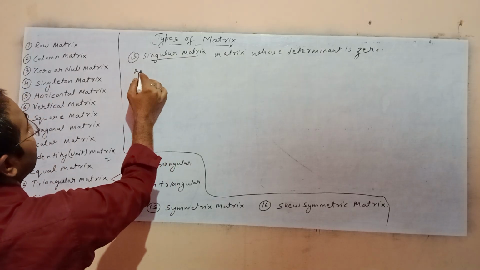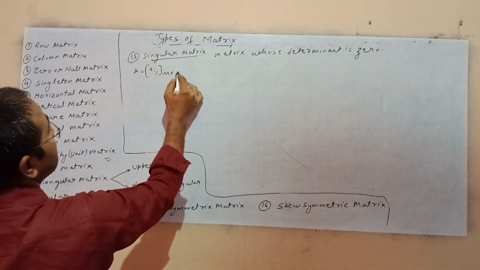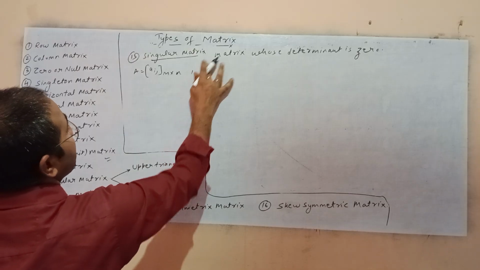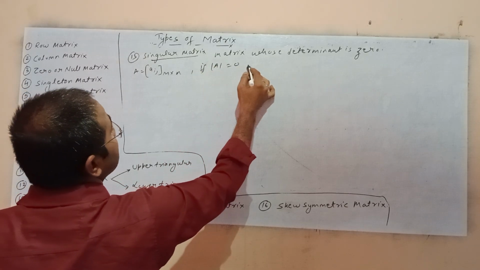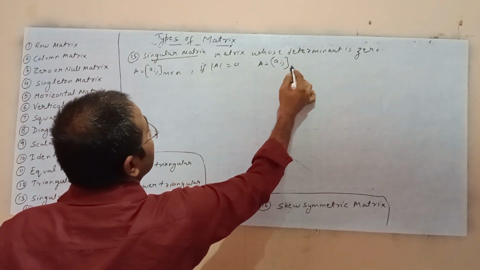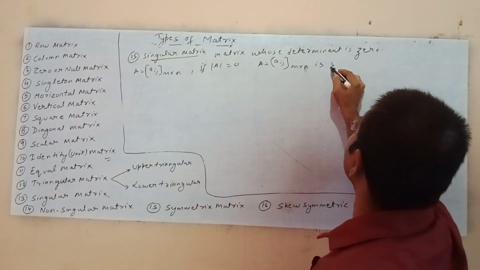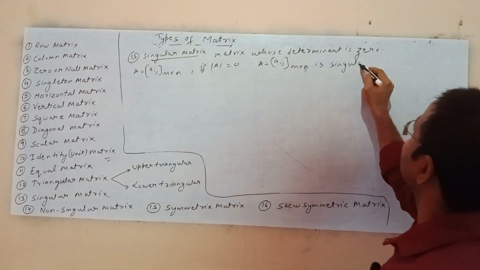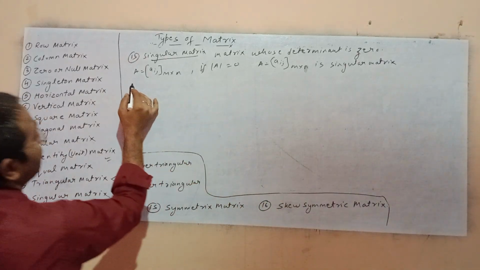Suppose a matrix Aij is there, of order m cross n, and if the determinant of A is equal to 0, then A is equal to Aij, m cross n, is a singular matrix.